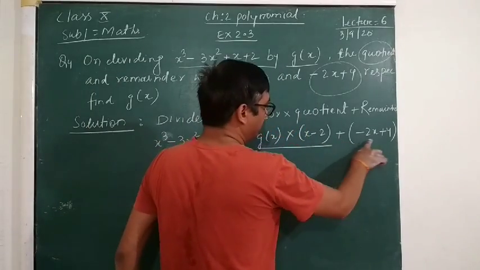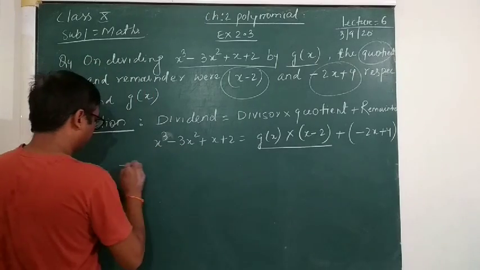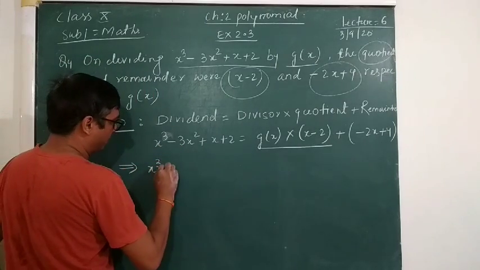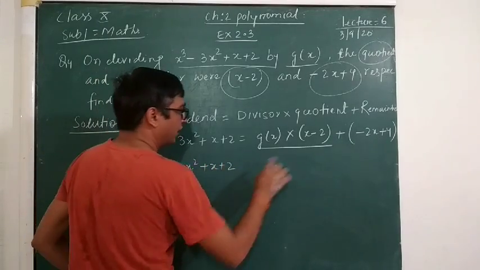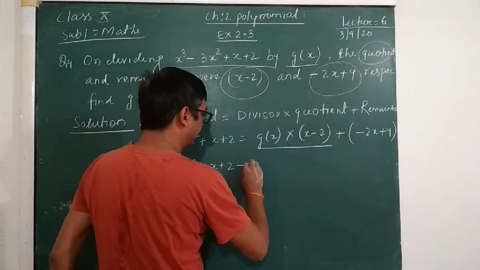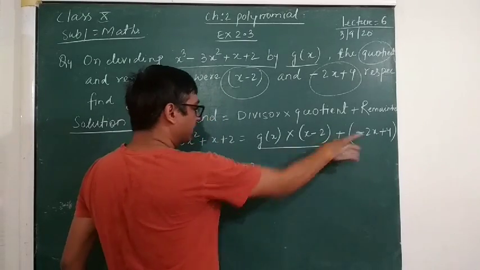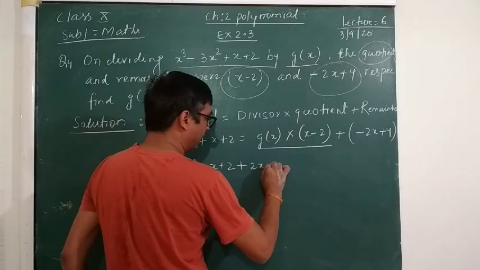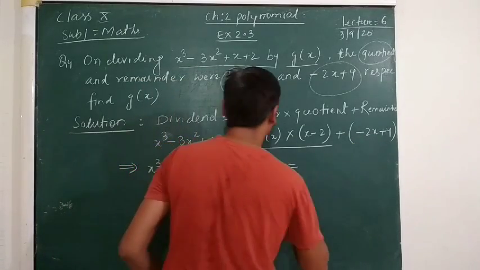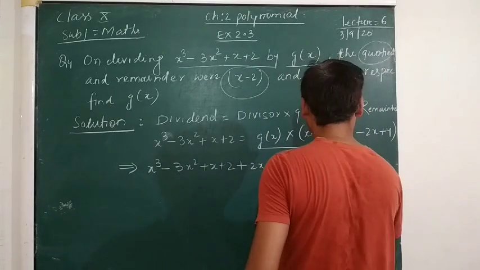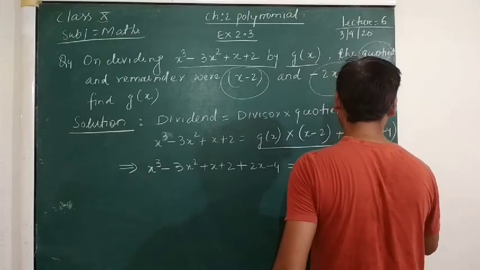So first, it is in plus, so we will just shift it to this side. So it is x cube minus 3x square plus x plus 2. Since it is minus 2x plus 4 on the right, it will be plus 2x and minus 4, is equal to gx into x minus 2.